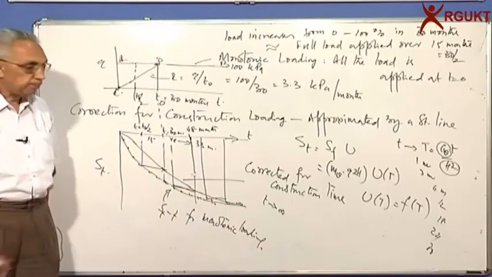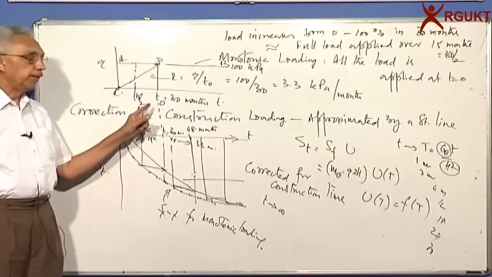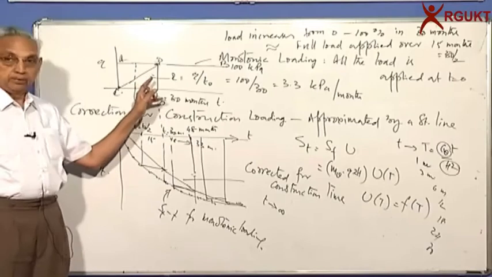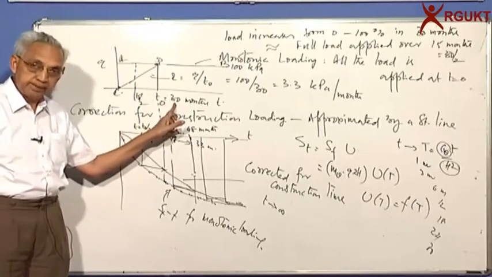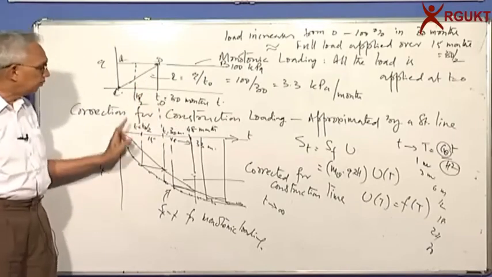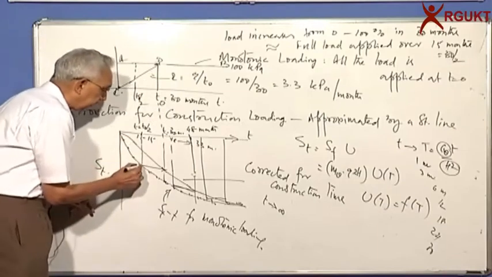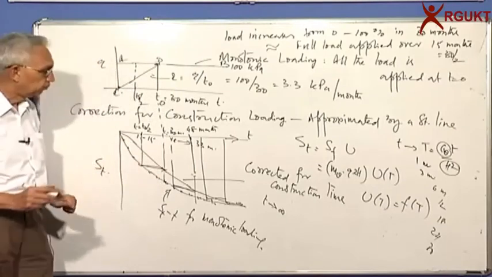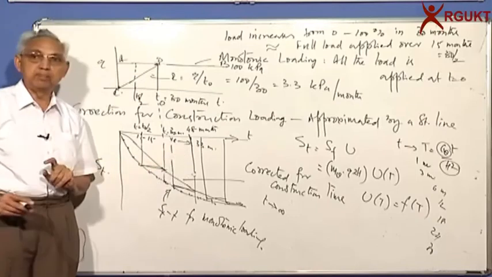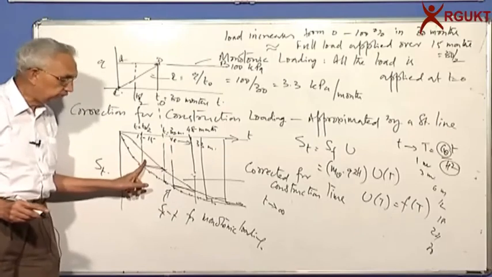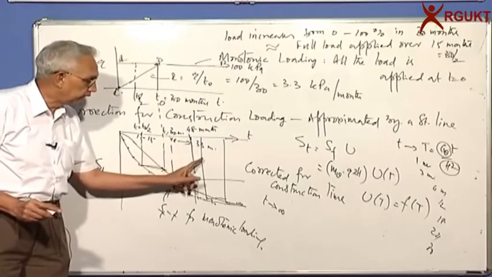Please remember, the method is very simple. If I want to know how much settlement occurs due to construction loading at the end of 30 months, I take how much settlement has occurred after 15 months, and I transfer that to 30. If I want it after 48 months, then the first 30 months corresponds to 15, and 30 to 48 is 18.